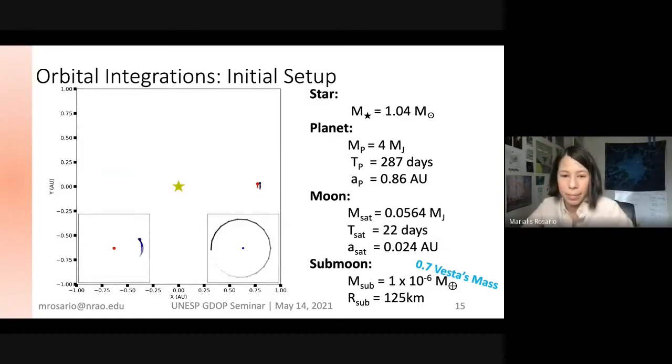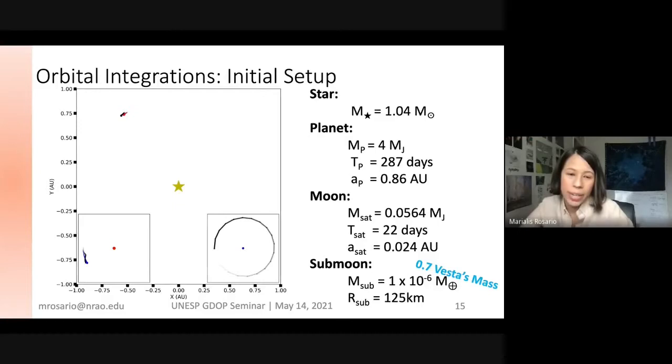For a better representation, here is what I mean. In the bigger panel, we have the star and the satellite system orbiting the planet. And then in the lower left, we have the host planet.